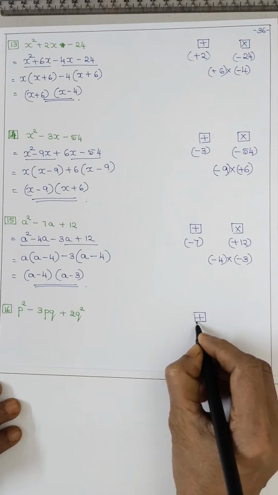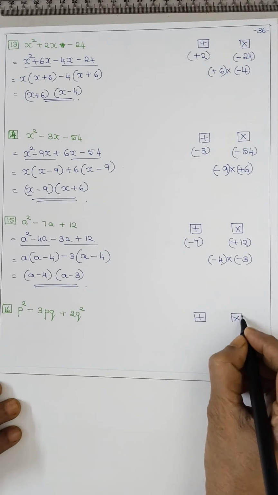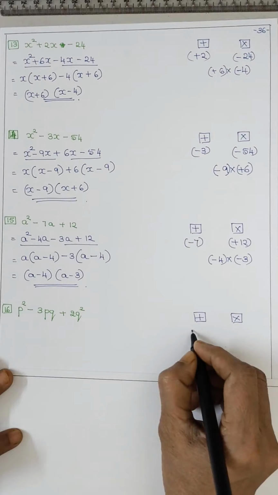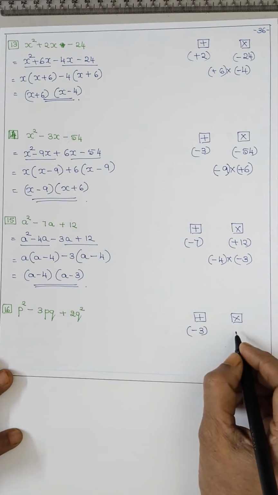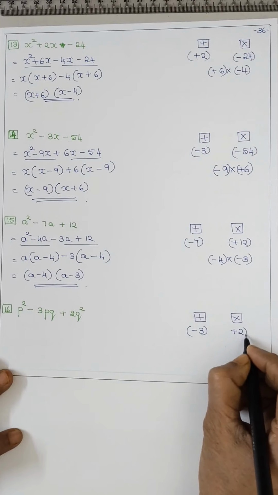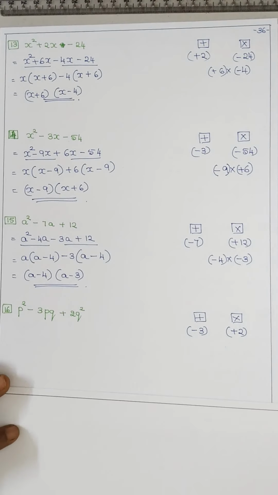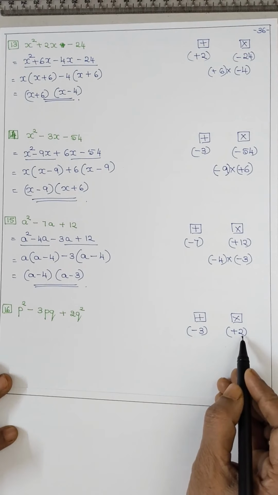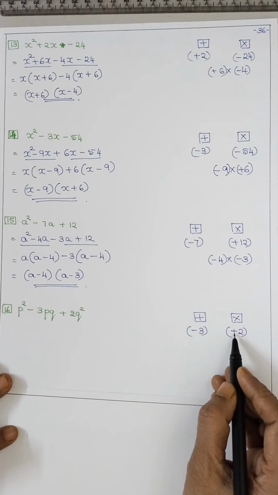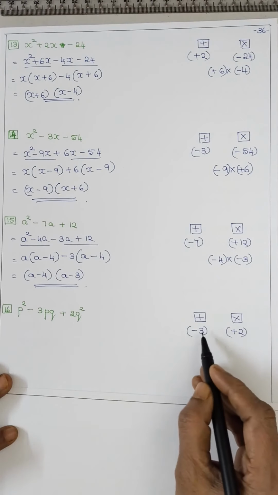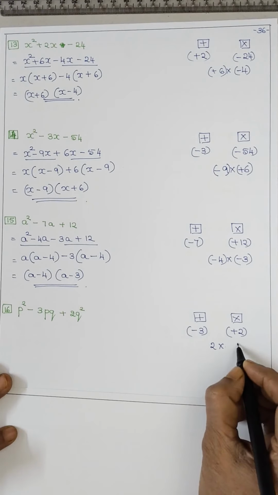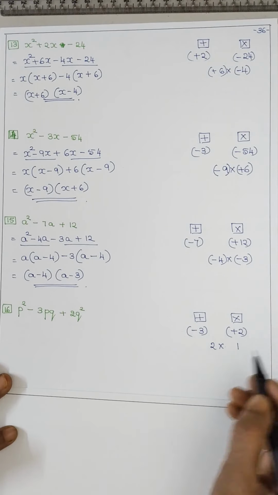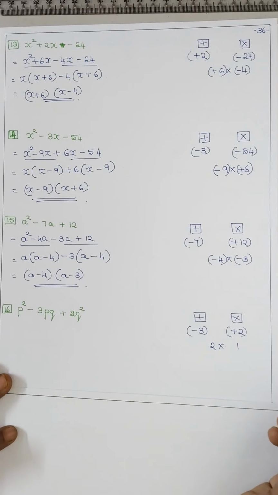It is a plus and multiply. So when you sum it should be minus 3 and the product should be plus 2. When you multiply, it is 2, but it is plus sign, means when you add it should be 3. So it will be 2 1s are 2, 2 plus 1 is 3.